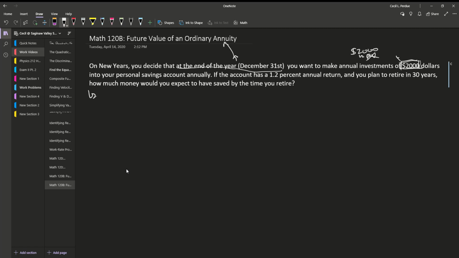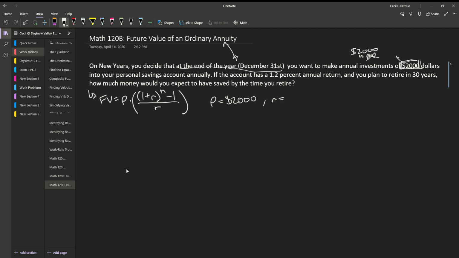Following that, the equation for solving for the future value is equal to the payment per period multiplied by, in the numerator, 1 plus the rate to the power of the number of periods, minus 1, all over r. We know that the amount that we invest each period is equal to $2,000.